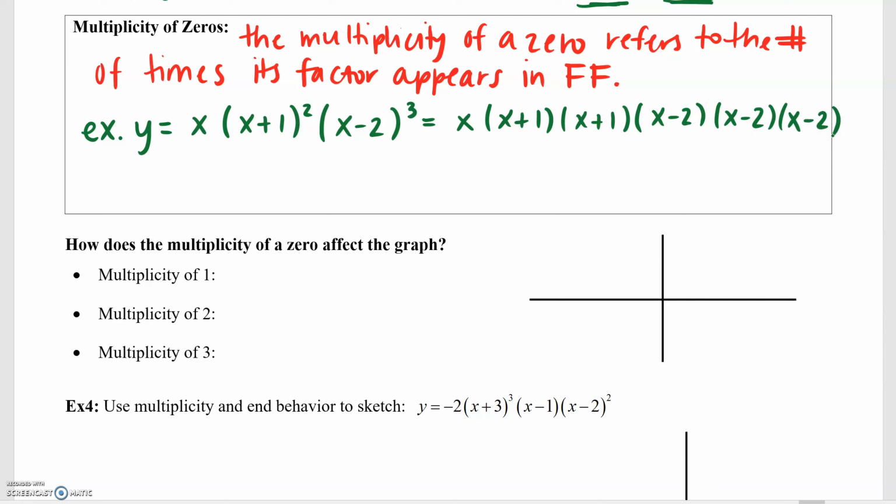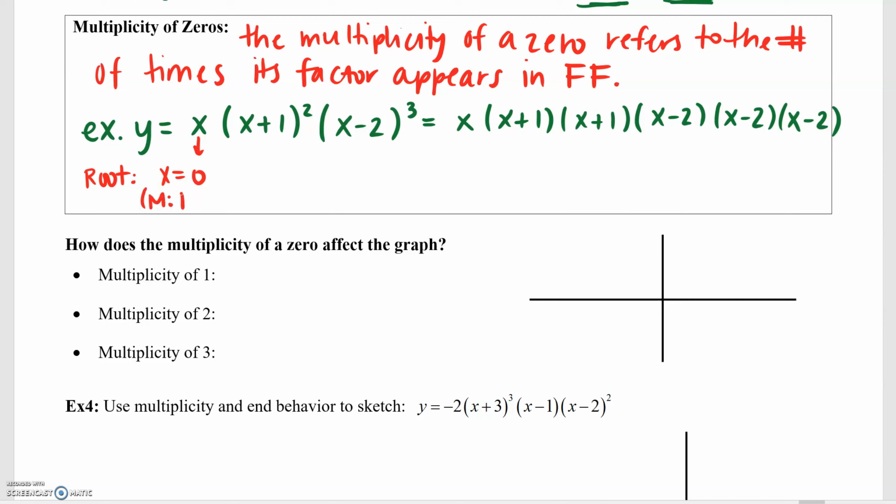So when looking at each of these factors, the number of times they show up tells me the multiplicity. When I look at just x by itself, the root is x equals 0, and because it only occurs once, its multiplicity is 1.